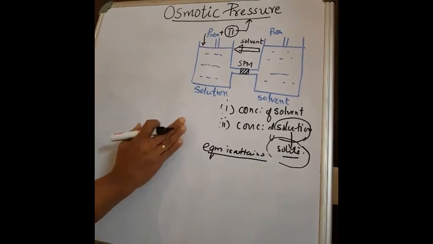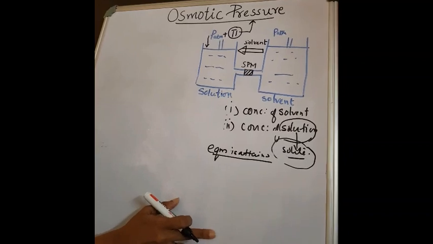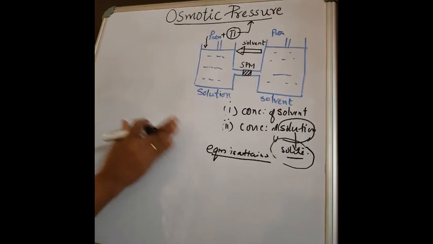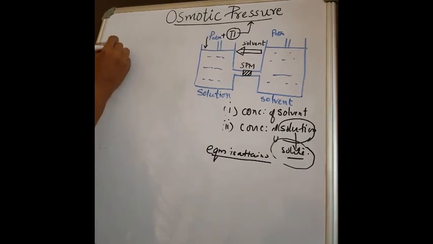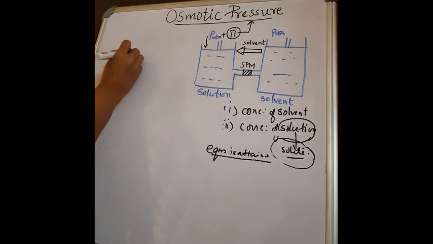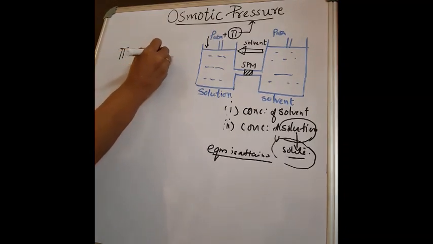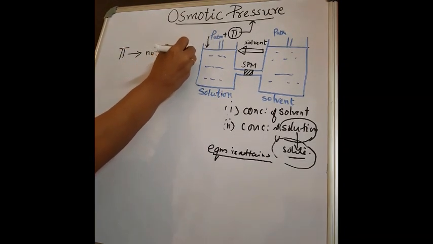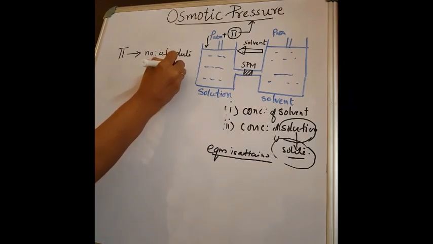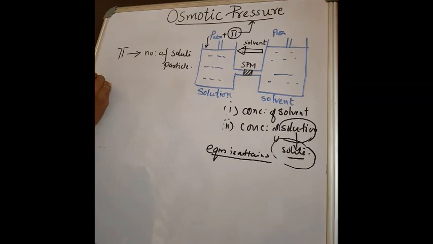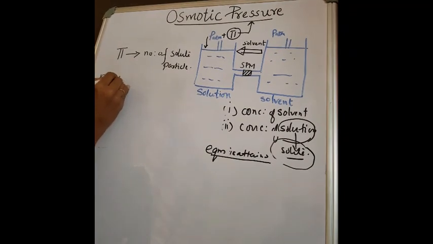Okay. Now, you know that osmotic pressure is a colligative property we discussed earlier. Being a colligative property, it depends only on what? The number of solute particles. So, pi depends only on the number of solute particles. Now, we are considering only dilute solutions, correct?